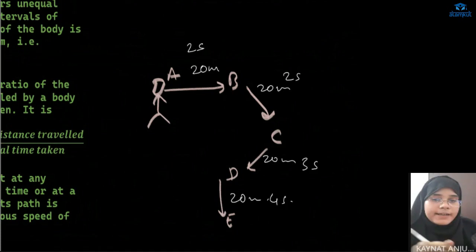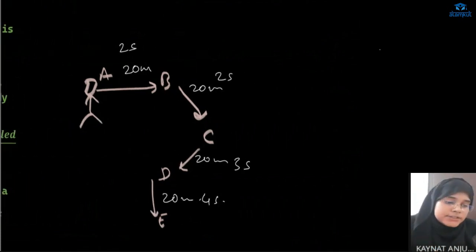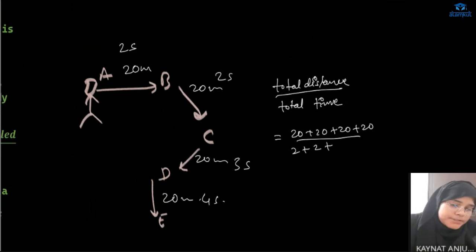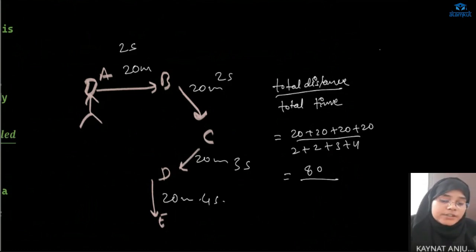So what will be the average speed? Average speed will be total distance, just add it algebraically, upon total time, right? So total distance will be 20 plus 20 plus 20 plus 20 upon 2 plus 2 plus 3 plus 4, right? So 20 plus 20 plus 20 plus 20 will be 80, and then 2 plus 2 is 4, 4 plus 7, it will be 11.